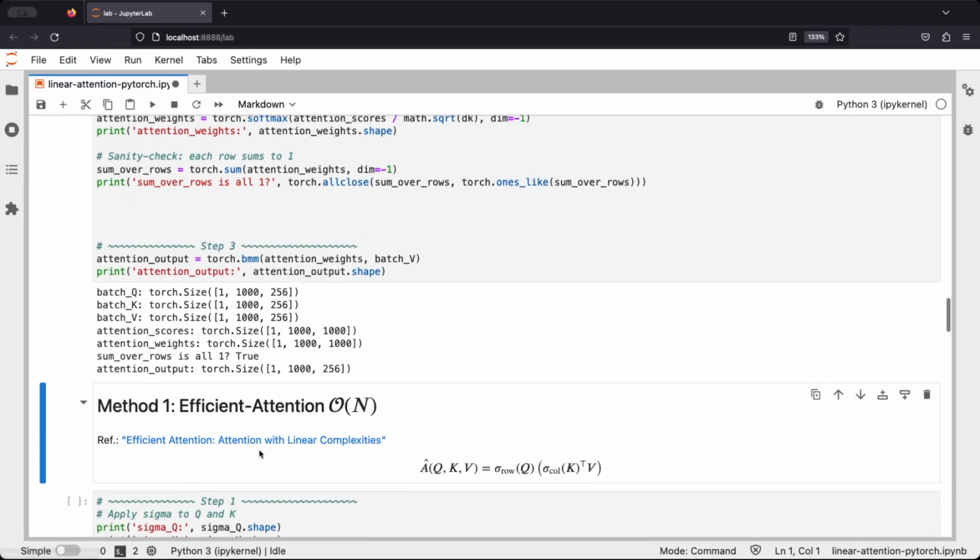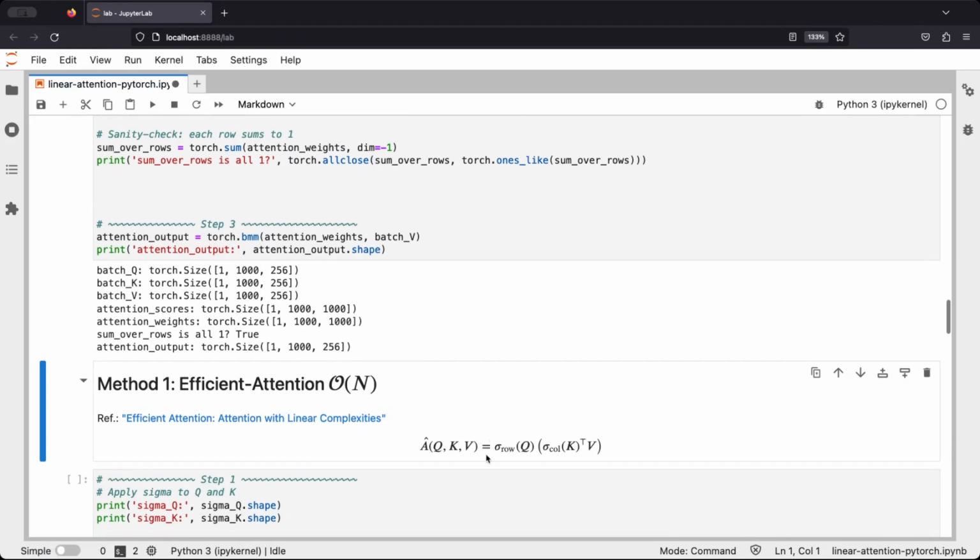So now let's move to the first method that reduces the complexity, and it is called efficient attention. We use this equation. The key idea here is that instead of computing qk transpose first, they first compute sigma col of k transpose times v.